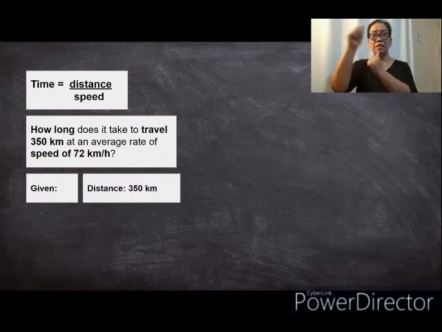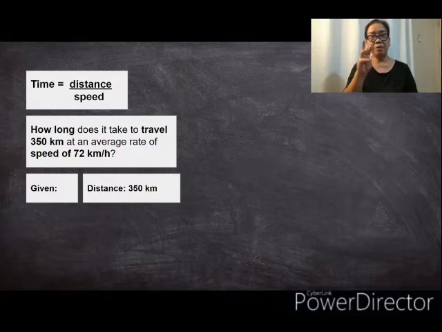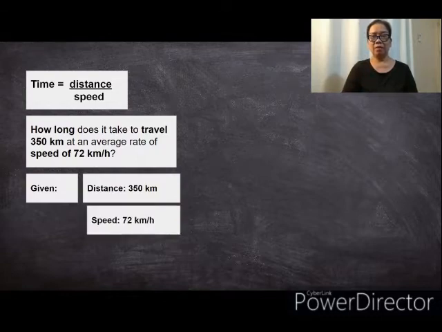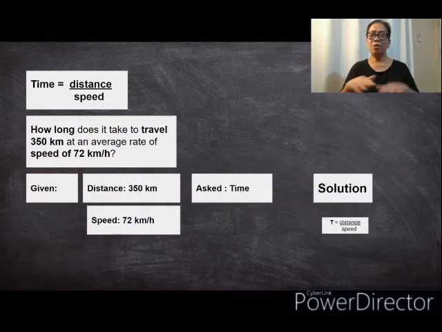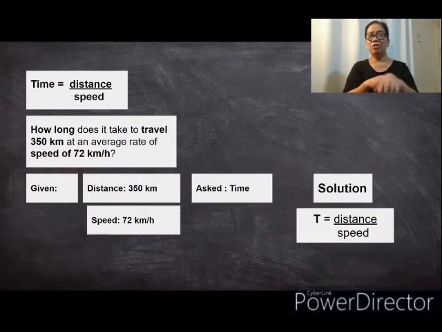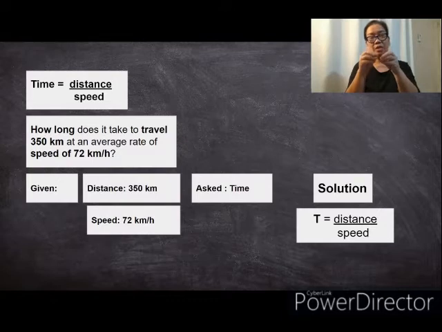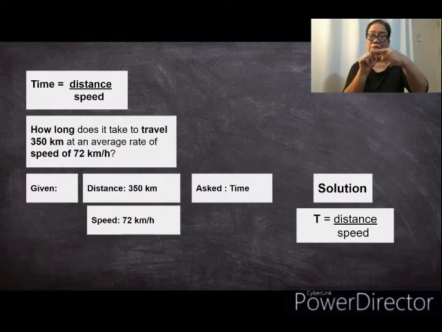Here, distance is given, which is 350 kilometers, while the speed is 72 kilometers per hour. Now, what is asked? Yes, it's the time. And how are we going to find the time? You have to do this. Follow distance over speed. You have to divide.